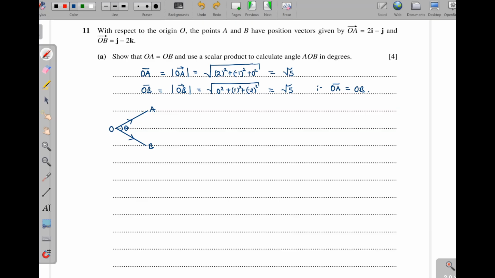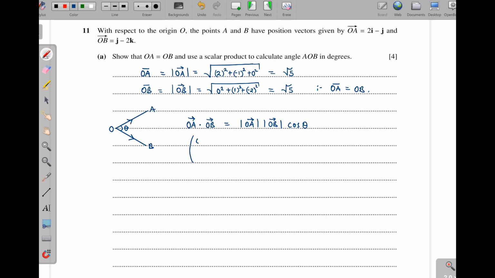Or to close in, you say AO, then BO, okay? Now we are going to use this OA and then OB. So we shall get vector OA, we dot it with vector OB, and then this one will be equal to the magnitude of OA times the magnitude of vector OB, which we have gotten here, then the cosine of the angle in between.